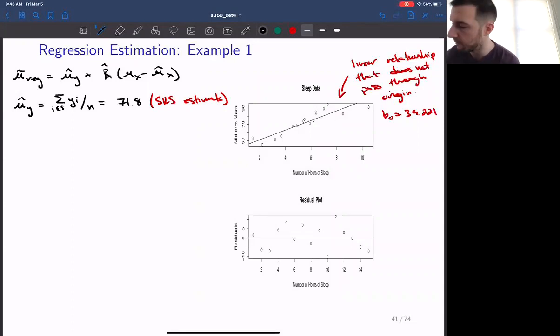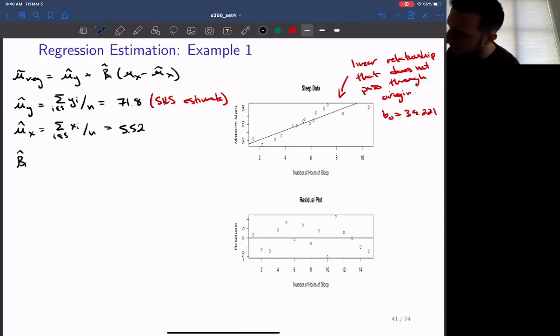All right. We can also show through the same strategy that mu hat x is going to be 5.52. Now we need to compute beta 1. So beta 1 is going to be found by taking the least squares estimator.